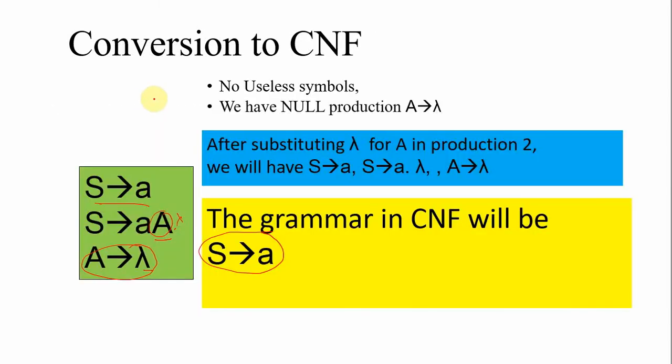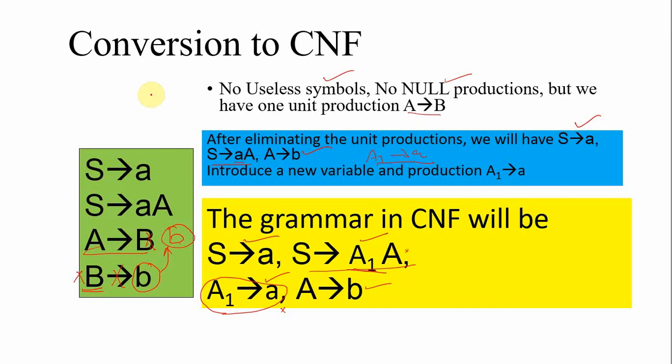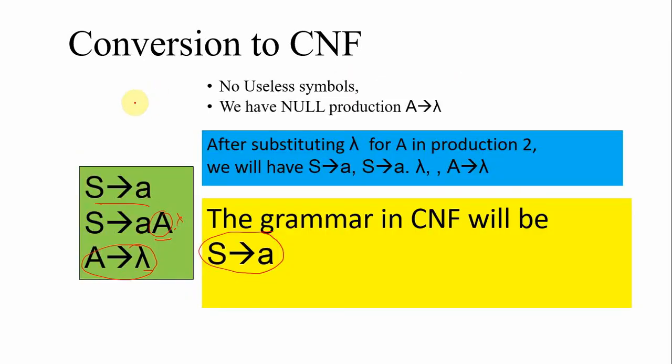That is the conversion of CFG to CNF. We have seen a few simple examples alone, but even if complex problems are asked, you can follow the same procedure, because we know how to simplify the grammar or how to find the reduced CFG, and most of the time we will be asked to introduce new variables alone.